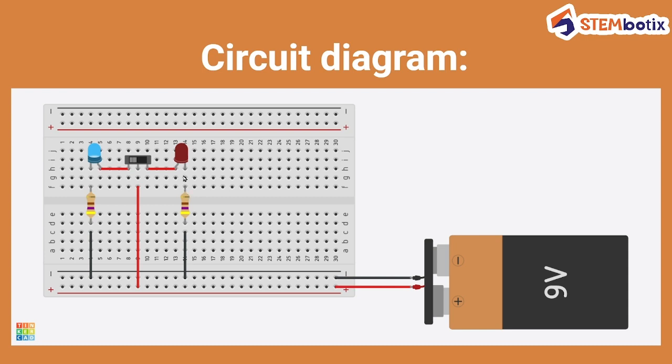Now the cathode of the red LED is connected to ground, or the negative rail of the breadboard, via a resistor. Similarly, the blue LED's cathode terminal is connected to ground, or you can say the negative rail of the breadboard, via a resistor, and this is how your connection gets completed.